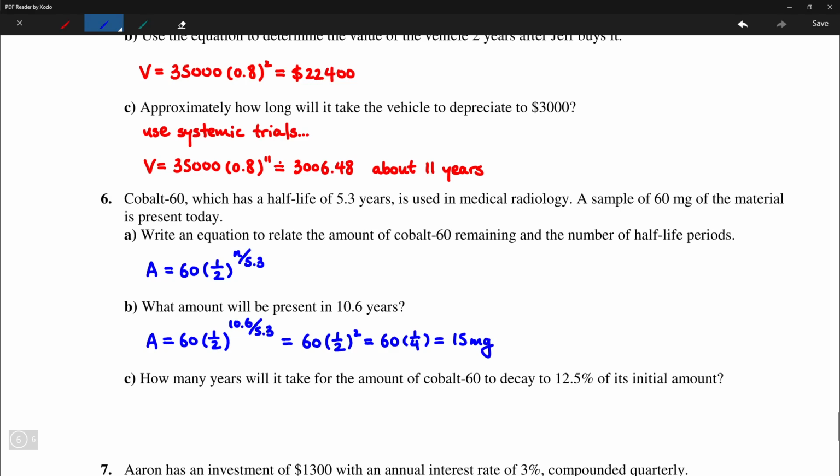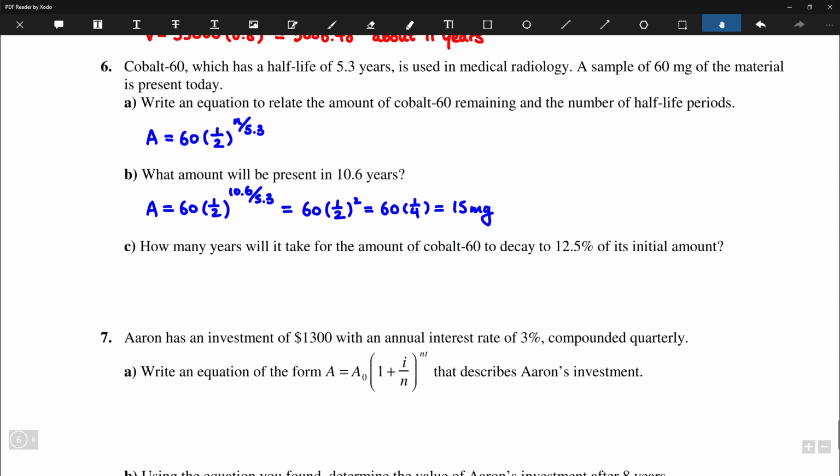Okay, part C, how many years would it take for the amount of cobalt 60 to decay to 12.5% of its initial amount? So for this one, 12.5% is equal to 1 over 8, which is equal to 1/2 to the third power.